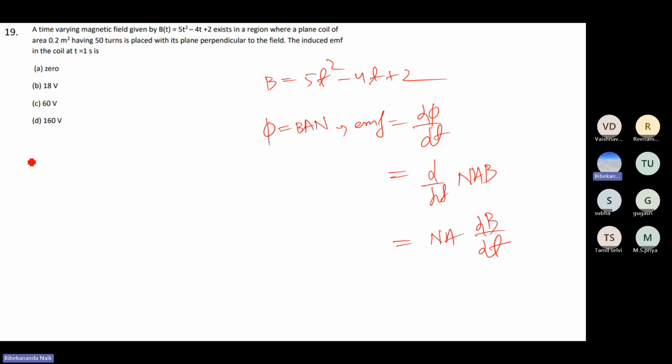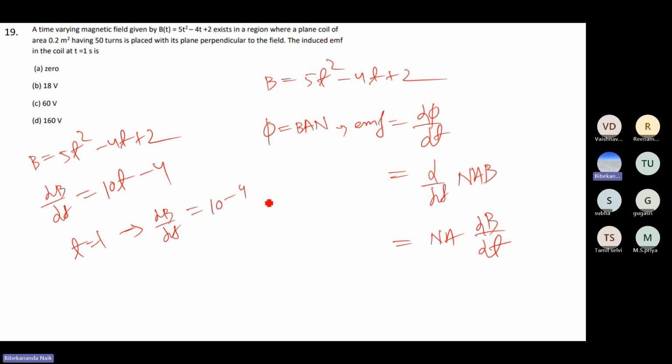Now if you calculate dB by dt, B is 5t square minus 4t plus 2. dB by dt is 10t minus 4 at t equal to 1 second. dB by dt is 10 minus 4, which is 6.